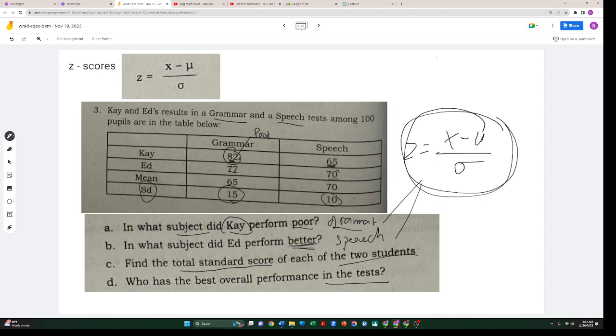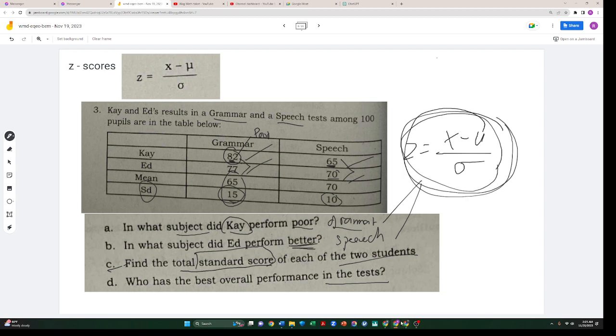So therefore, i-plus din mo ni sila. I-plus ang mga scores ana. Then, gamiton dayon ni kani dayon na formula. Then, find the total standard scores of each of the two students. Okay, again. Find the total z-scores. So, total scores anang z-scores nila.